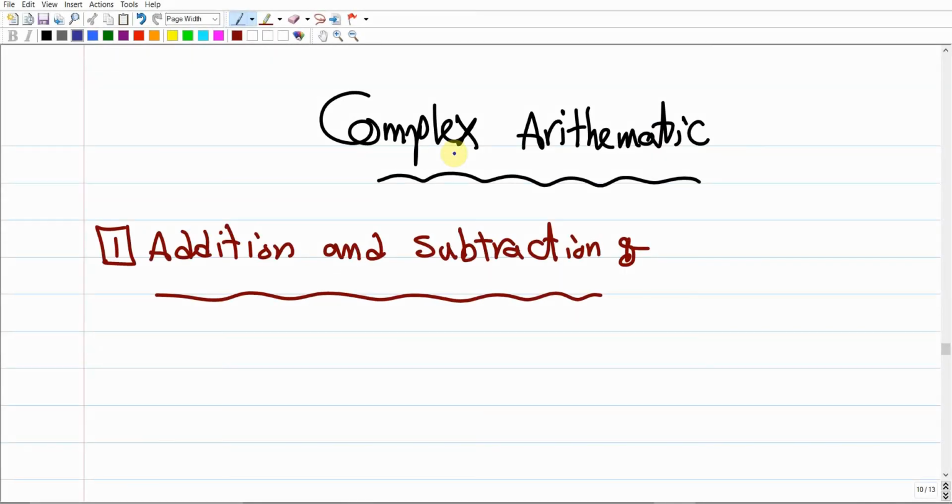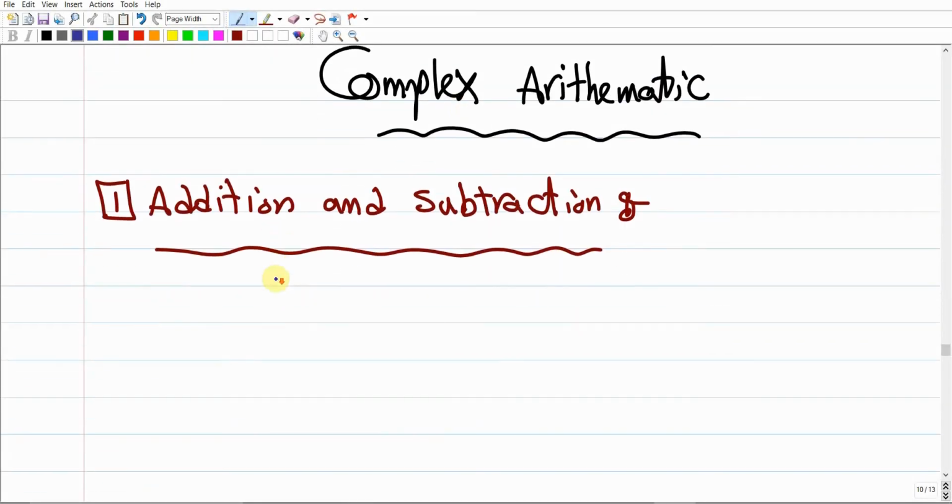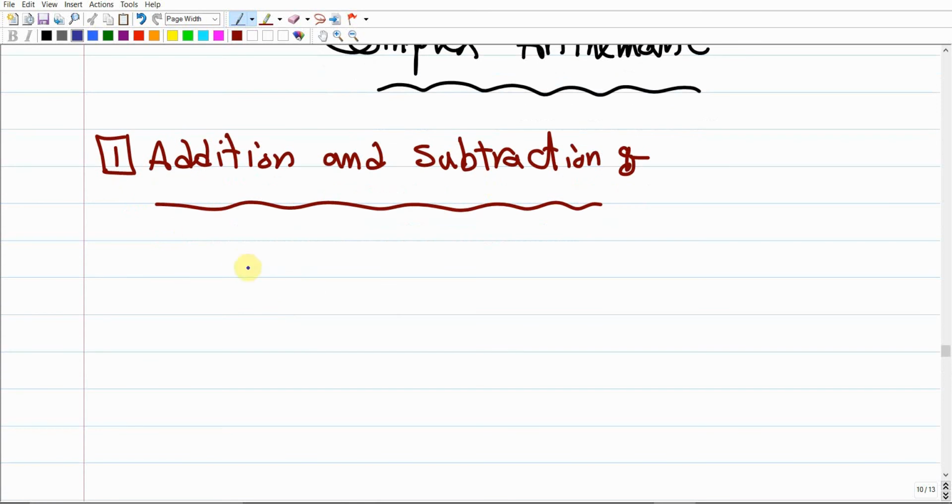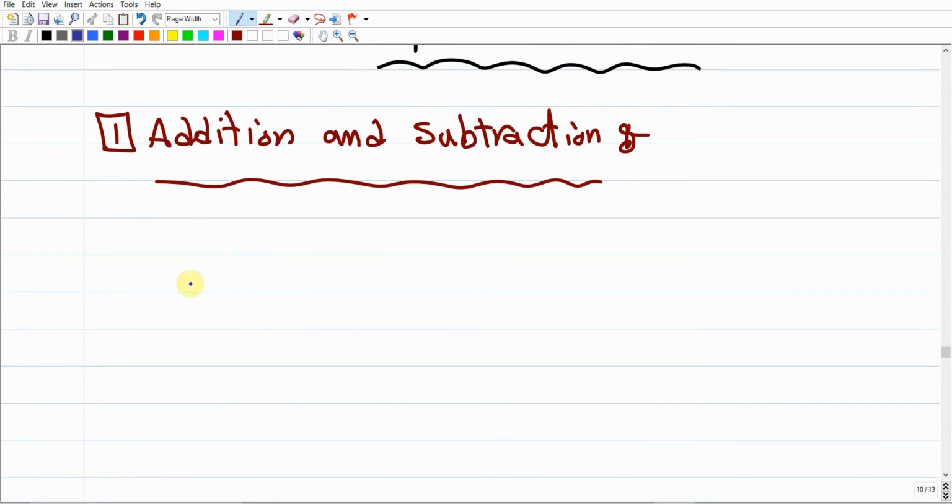For the complex arithmetic and some of the operations that can be done over complex numbers, starting with addition and subtraction. This operation should be done in the rectangular form of the complex number. It means that if the complex number is given in any other form than the rectangular form, all the numbers that should be subtracted or added together have to be converted into their equivalent rectangular form first.